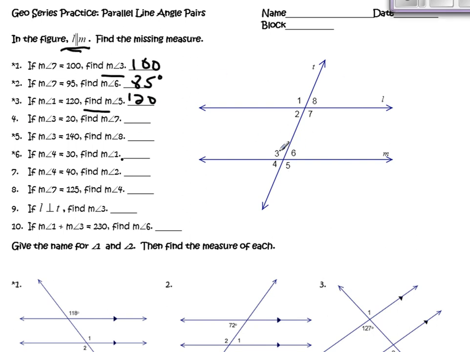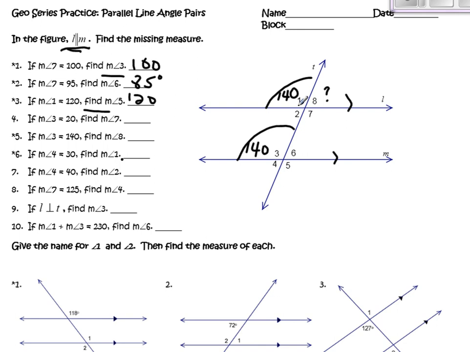Number 5, measure of angle 3 is 140. Find the measure of angle 8. Angle 3 and angle 8 don't have a parallel line relationship. What we can do is figure out angle 8 by using one of our other relationships to get there, kind of like a map, taking one direction to the next. So if angle 3 is 140, let's find an angle that's congruent to that. I noticed that angle 3 and angle 1 are corresponding angles, and corresponding angles are congruent when the lines that form them are parallel.